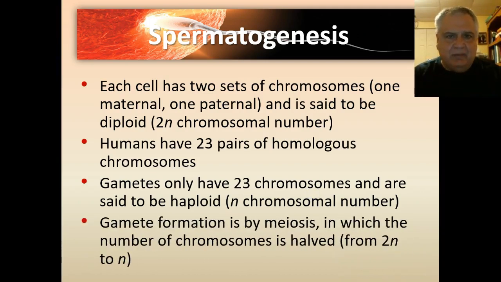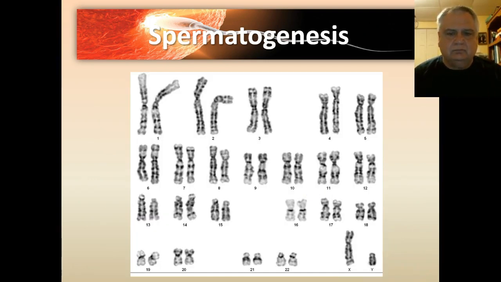So how does this happen? How do the chromosome numbers in gametes get reduced by half? The answer is by a process called meiosis. So gamete formation occurs by meiosis, and during meiosis, the chromosome number gets reduced in half from 2n to n.